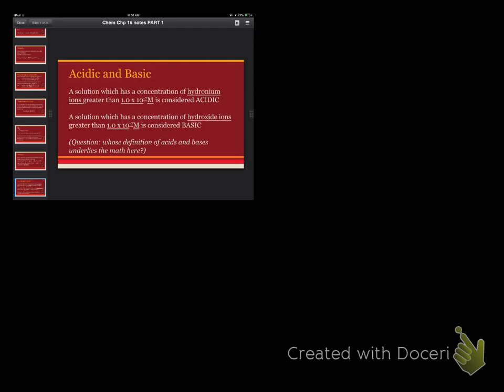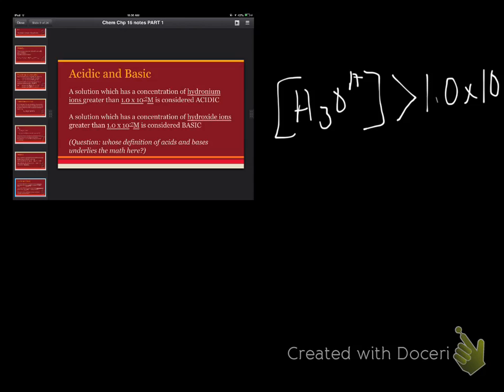Okay, so if we have a substance where the concentration of hydronium ions is greater than the number of hydronium ions that we find in just plain old self-ionized water, so greater than 1.0 times 10 to the negative 7th molar, we call that an acid solution.